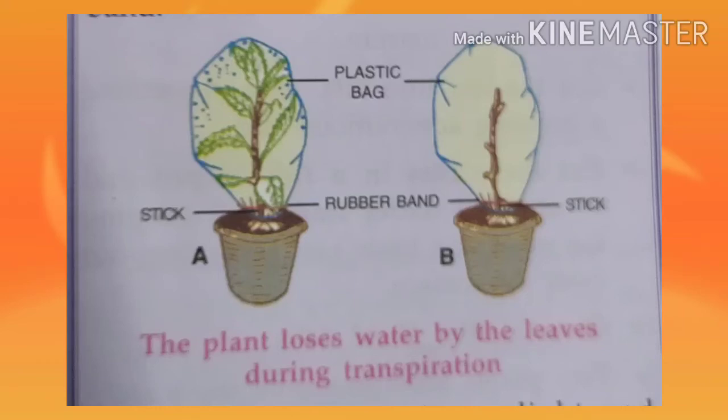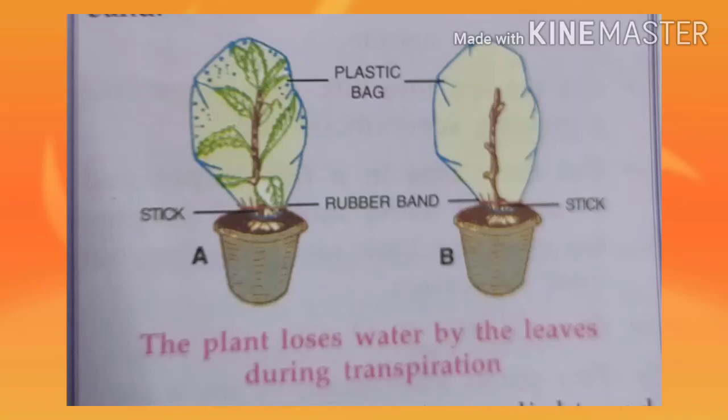Remove all the leaves from the other plant. Cover this plant too with a polythene bag and tie it with a rubber band. Means you have 2 potted plants in which you have used the plastic bag in both, but in one there is a plant with leaves, but in the other there is a plant but there are no leaves.